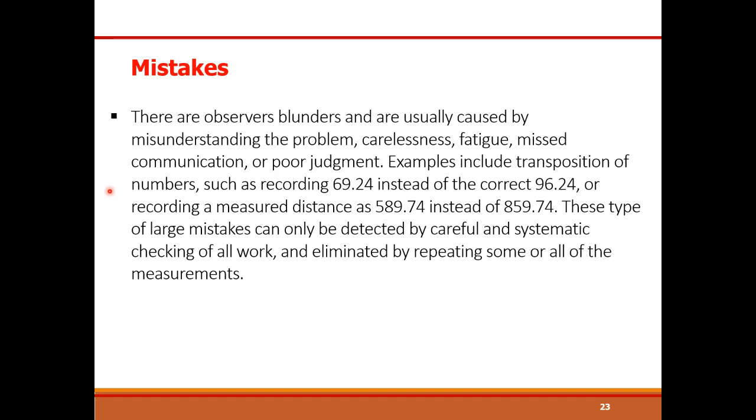Okay, you can see just by interchanging a digit unintentionally, blunders or mistakes can occur. These types of large mistakes can only be detected by careful and systematic checking of all work and eliminated by repeating some or all of the measurements.